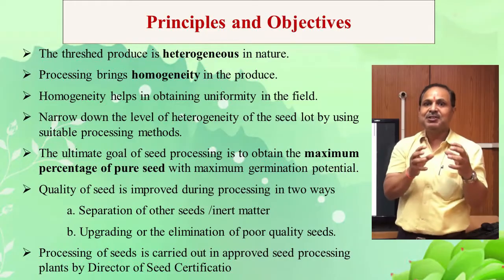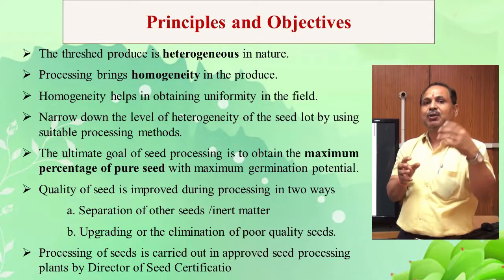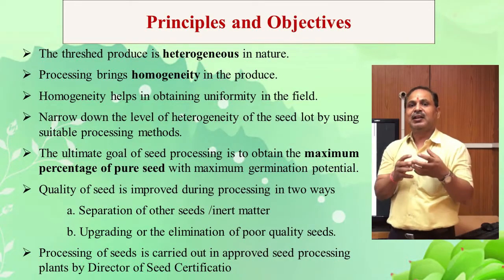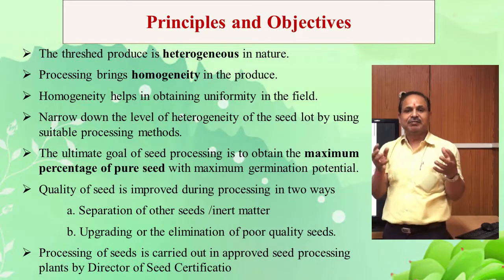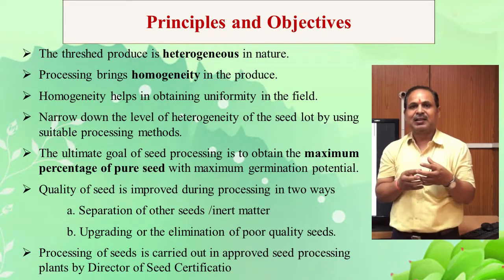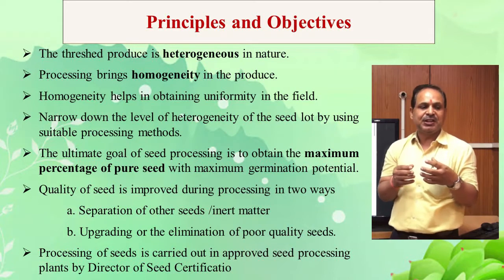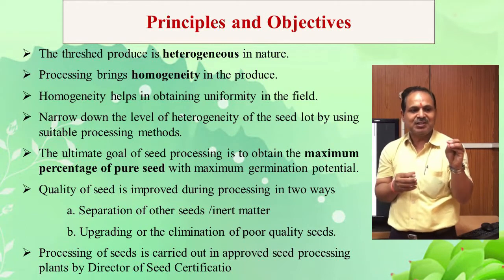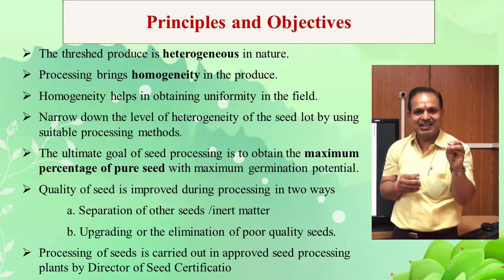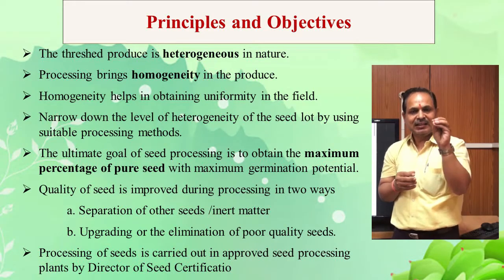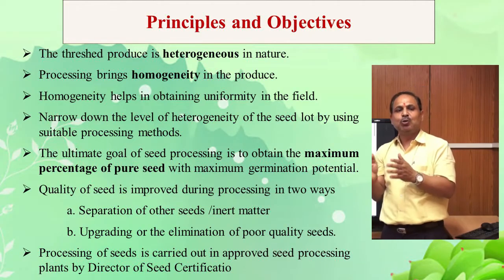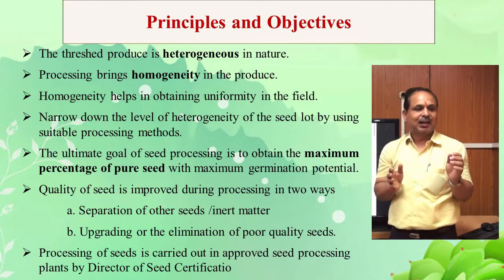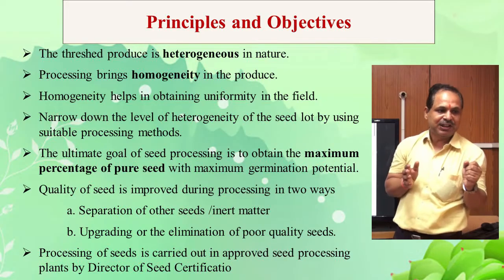If we have a seed lot growing in the field and there is no uniform crop growth, then it is useless, and the farmers will be cheated. So we must homogenize the produce of the seeds by separating all those components from the quality seeds.